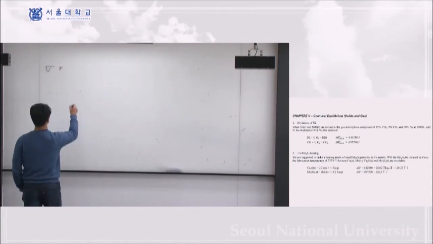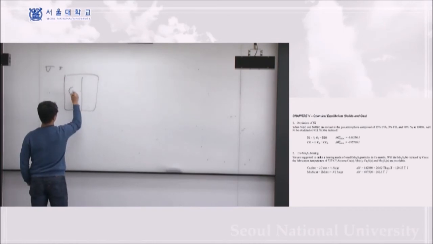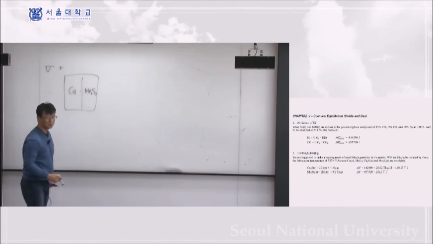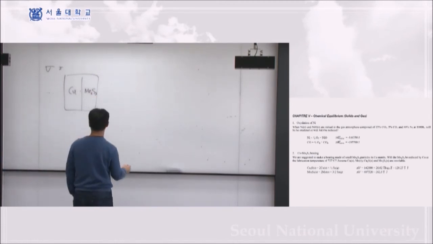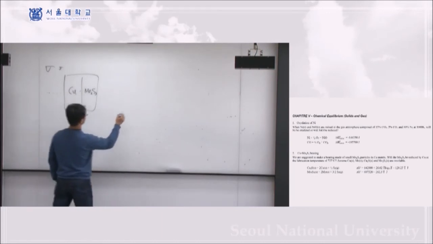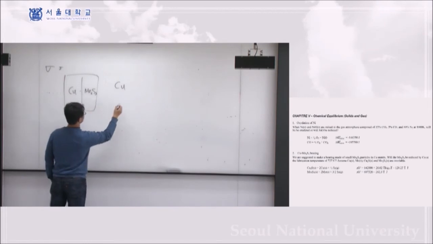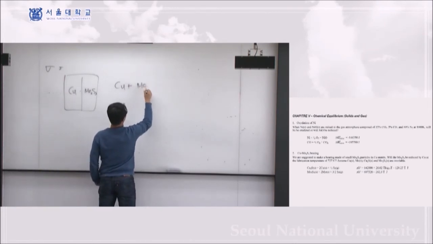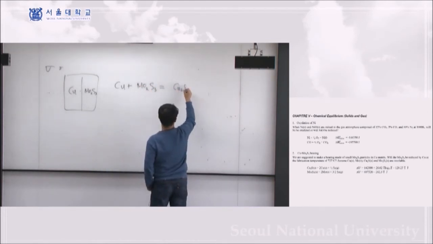So I have a system here. I have copper, and these two, okay? I have a reaction, and one possibility is that Cu and MO can form Cu2S.